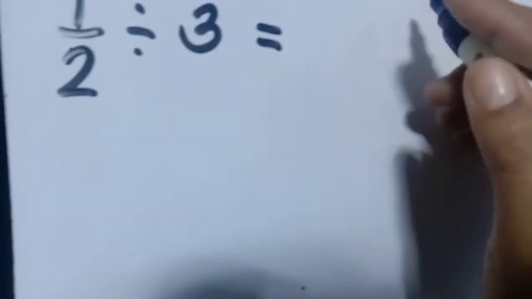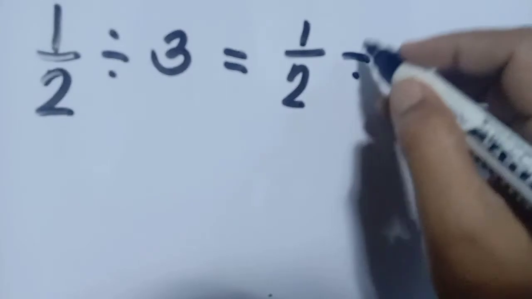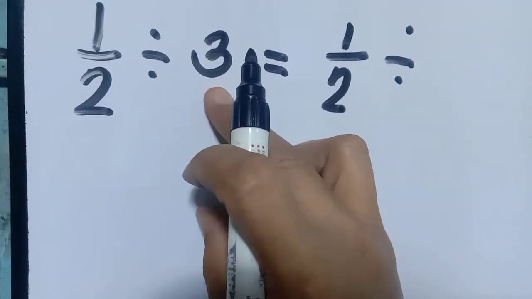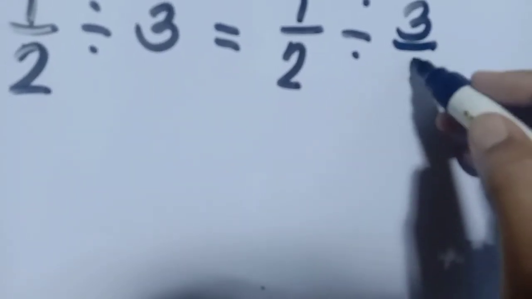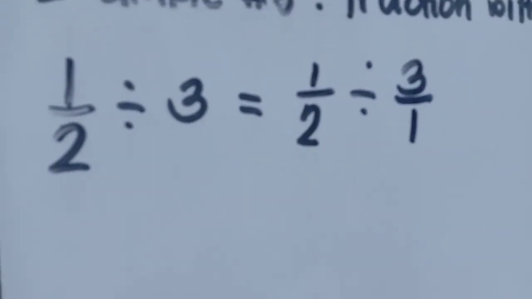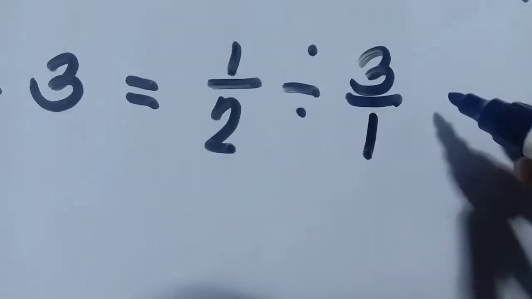Okay, so let's rewrite. First, we have to keep our first fraction divided by, okay, we will write 3 as a fraction. Okay, so we will use 1 as a denominator. So yung 3 natin is 3/1.